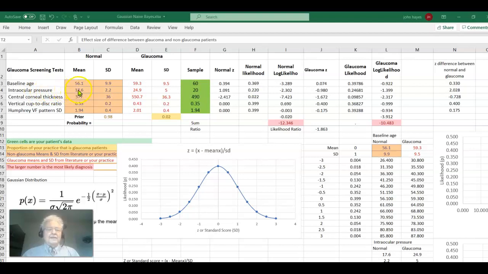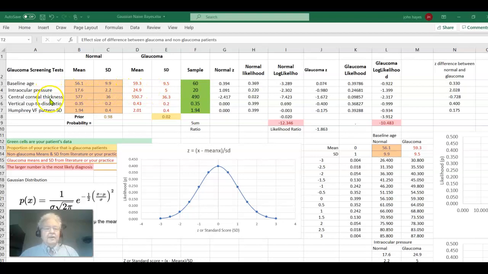The mean in this example data set is 17.6 with a standard deviation of 2.2. If you have glaucoma, the average glaucoma patient has a mean of 24.9 and a standard deviation of 5.